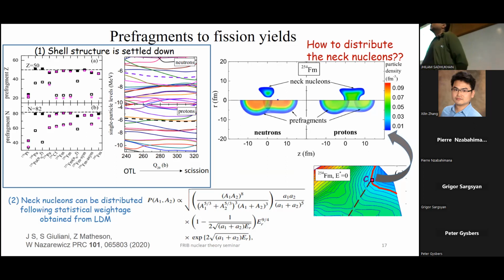A question related to that. These calculations that you showed are in coordinate space or harmonic oscillator space? This is harmonic oscillator space. We have not studied beyond that because there are two harmonic oscillator bases, that type of potential.